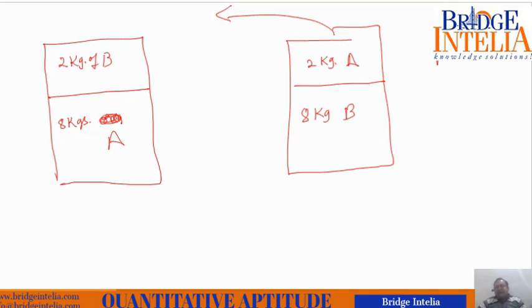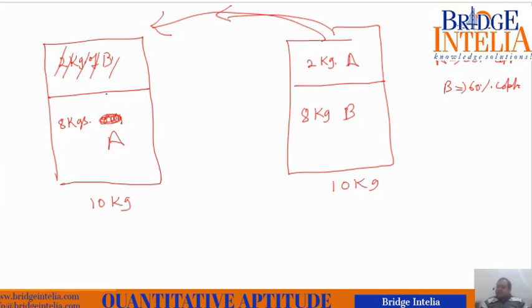Now we know that A contains 80% copper and B contains 60% copper. So the weight is still 10 kg, because you have taken 2 from here but you have replaced it with another 2 kg. So the weight for both the alloys is still 10 kg each. Now let's find the quantity of copper.